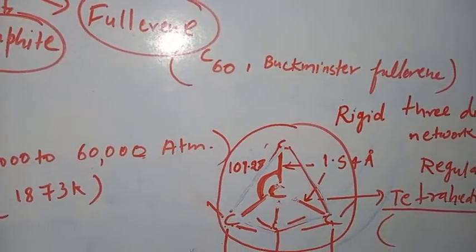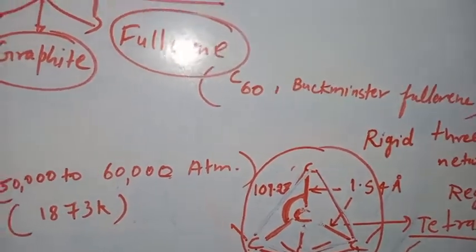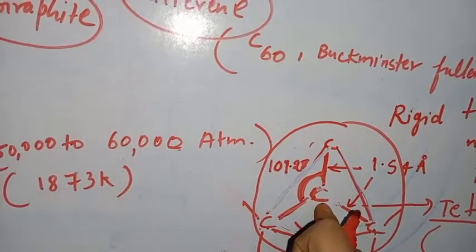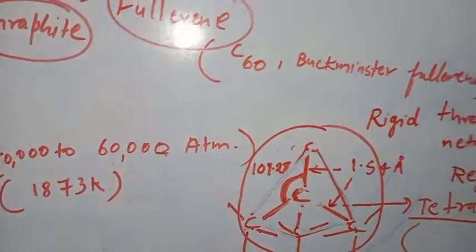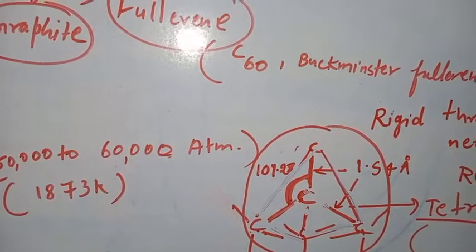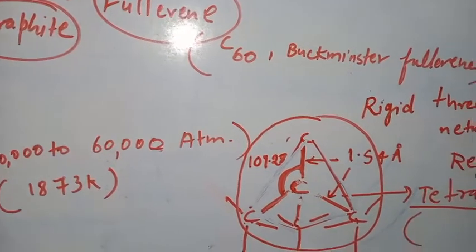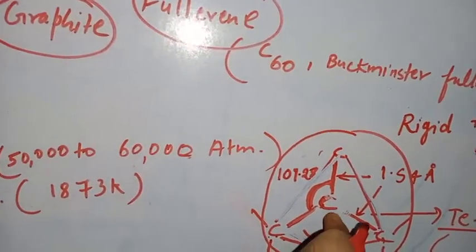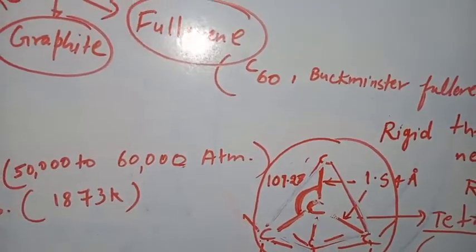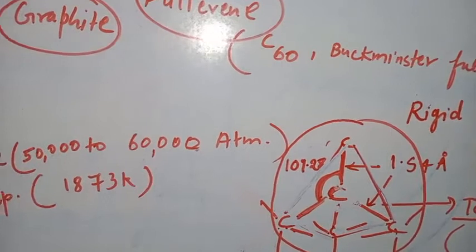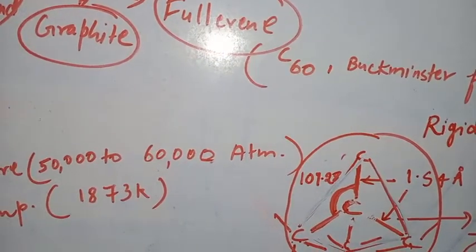So you can say that here no free electrons are present in the carbon atom. Each carbon atom is bonded to 4 other carbon atoms through covalent bonds. So there are no free electrons present in any carbon atoms. That's why it does not show any conduction.